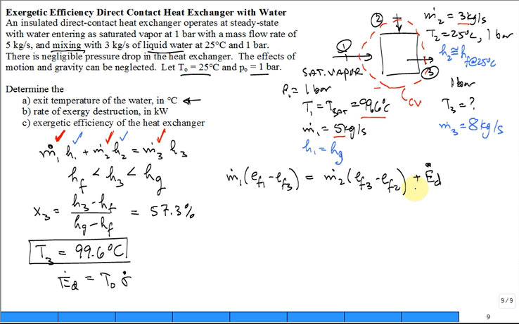And you can calculate this first term, the second term, and the exergy destruction. Either way, let me give you some numbers because I see I'm running a little bit out of time. The exergy destruction rate is going to be 86.7 kilowatts.